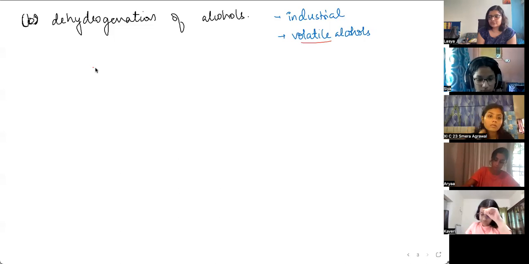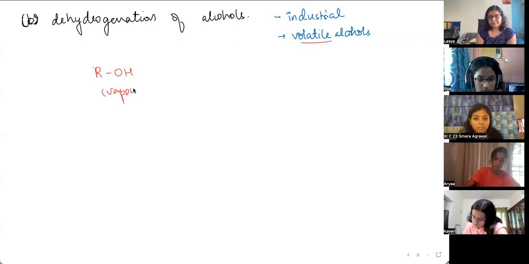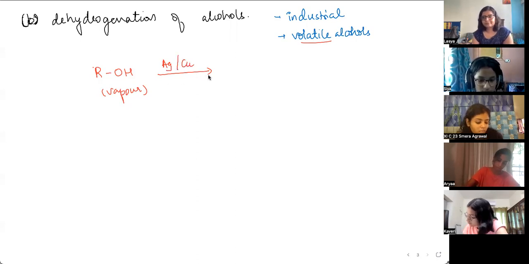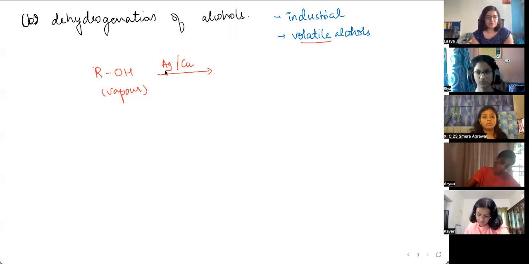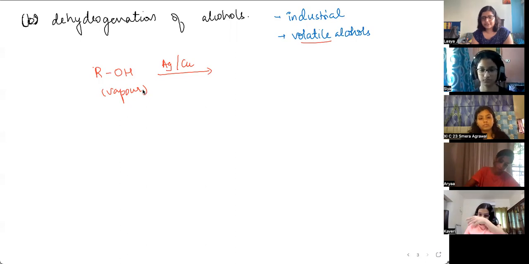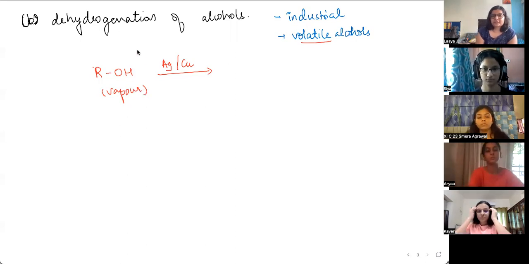So for dehydrogenation of alcohols, you have ROH in vapor form. You pass them through heated silver or copper tubes. In the presence of silver or copper, since it's vapor, you're heating it a fair bit.